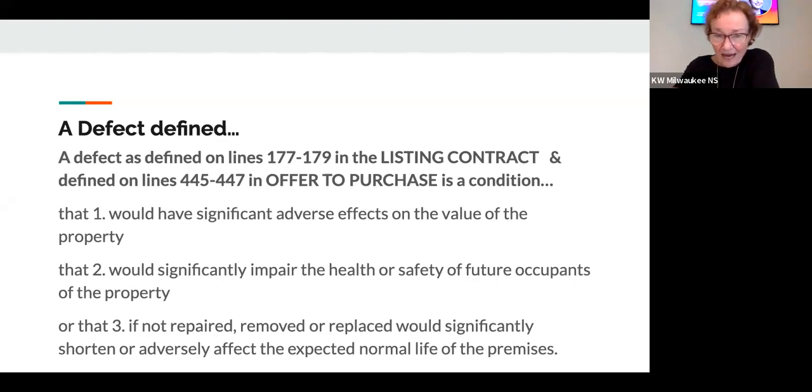Or three, if not repaired, removed, or replaced, it would significantly shorten or adversely affect the expected normal life of the premises. I think that one is the grayest, but it can be argued.